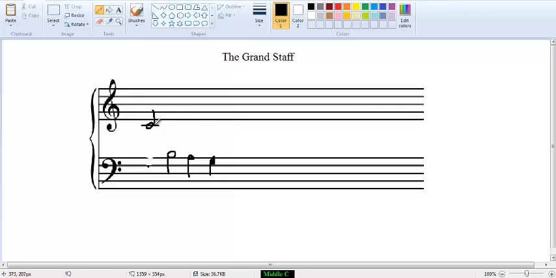The only reason why that would make sense is if the person who wrote the song had some stuff that came before it that was all up in the treble clef, and this was the last note of the treble clef stuff, and then he went on to do some bass clef stuff. It really wouldn't make a lot of sense to keep the notes super spread out like this, because it's confusing to your eyes. So we will put the D where it seems to fit best.